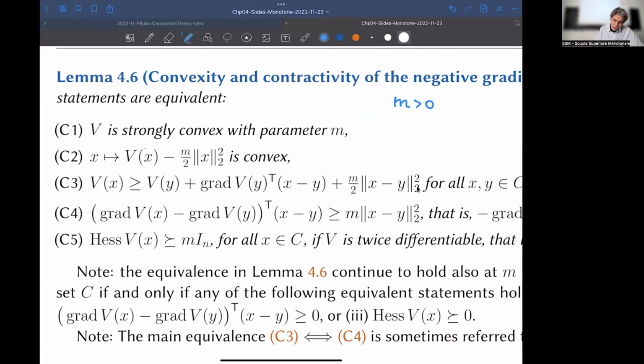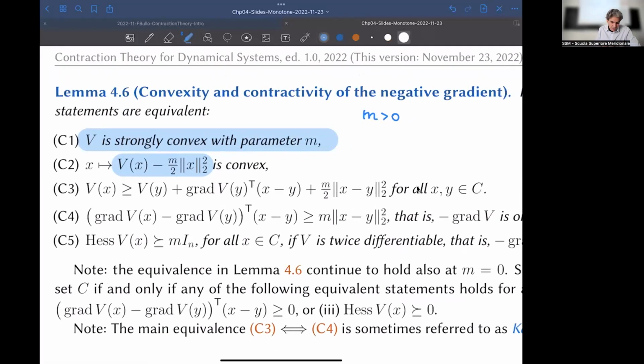All right. So the first statement is my function is strongly convex. So now what happens is that if you take the function and you subtract the quadratic function from it, that remains convex. Alternatively, C3 says that the function is lower bounded at any point x through the tangent at y. I apologize. I now realize that my C3 is actually not corresponding to the picture.